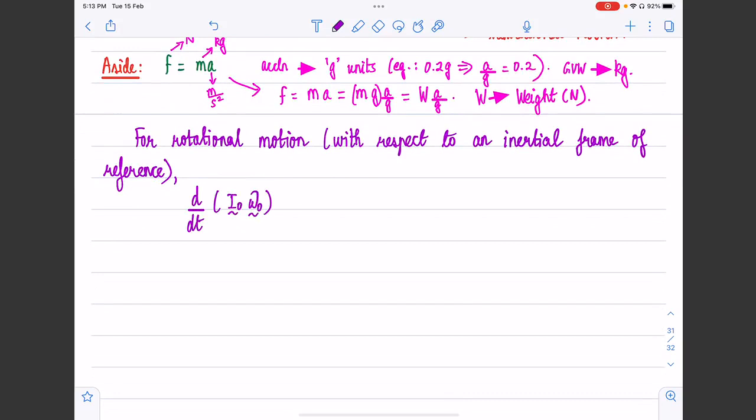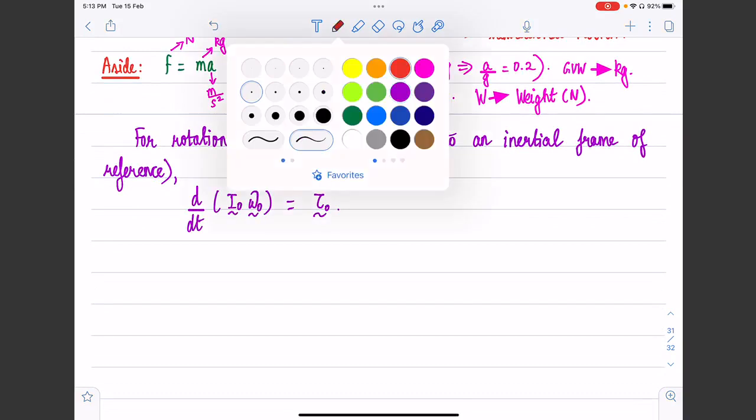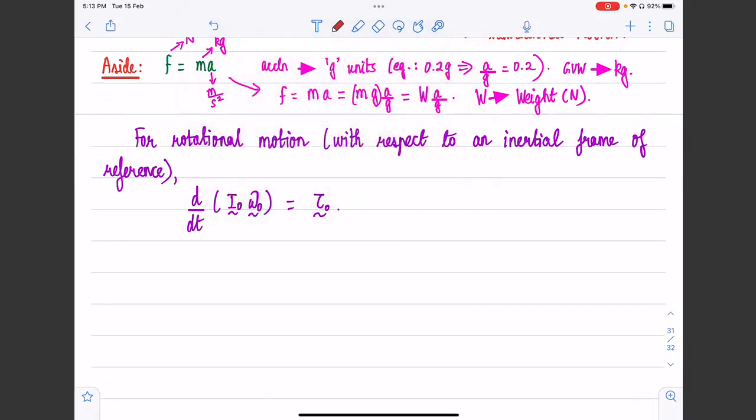I will explain what these are. That's going to be equal to tau naught. Let me explain what these quantities are. Here, tau naught, which comes on the right hand side, is the torque which is applied on the body.